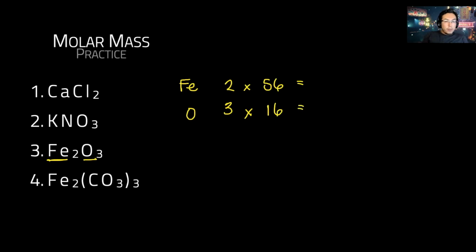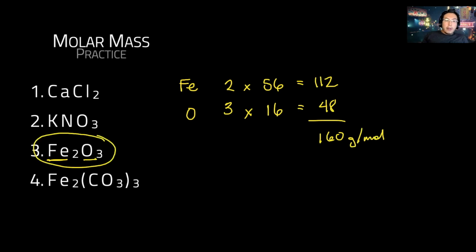So for each one, we get 56 times 2, which is 112, and 16 times 3 would be 48. Now we add these and we get 160 grams per mole for the entire molecule of iron(III) oxide. This is actually iron(III) oxide.